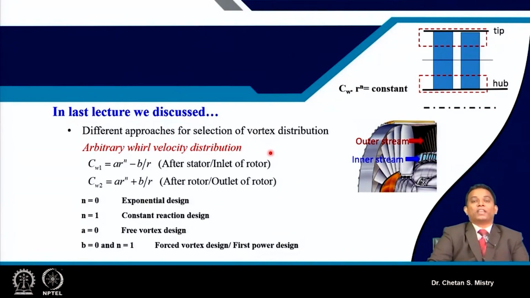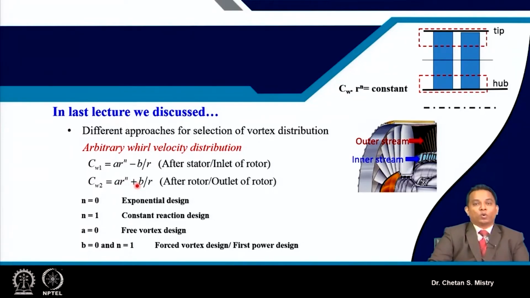And we consider an arbitrary whirl velocity component distribution. At the entry of the rotor, or at the exit of the previous stage or stator, Cw1 is given by A into r to the power n minus b by r. At the exit of the rotor, it is given by A into r to the power n plus b by r.